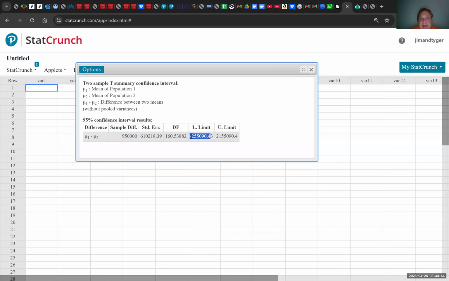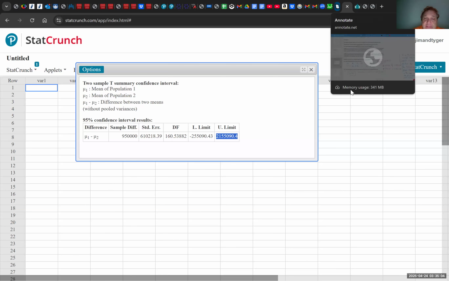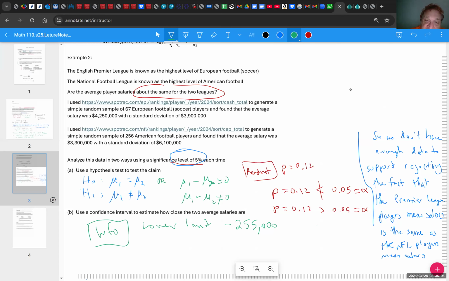That shows you that the first population has a lower mean than the second population, whereas the upper limit is a positive number, which would mean the first population has a higher mean than the second population, or even the sample too. So the lower limit was negative, the upper limit was positive.